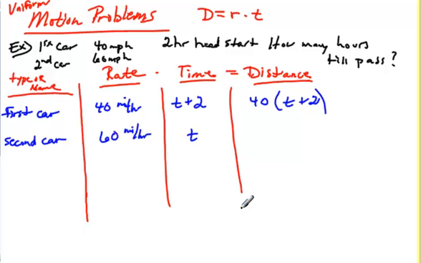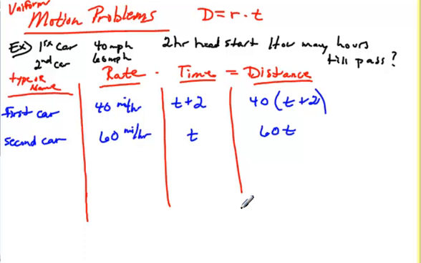Now, what are we looking for here? Are we trying to do some kind of mixture where we put them together and make them equal to a result? Are we trying to figure out when they're side by side, when one's passing the other, so when they've gone the same amount of distance, or what are we trying to do here? So distances are the same whenever this amount is what to this amount. Okay? Do you guys see the difference in this?